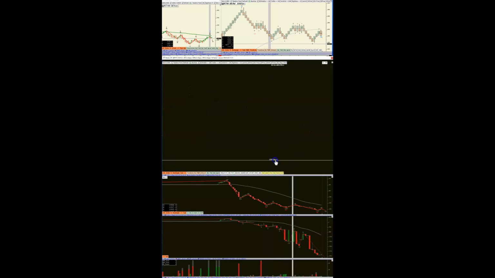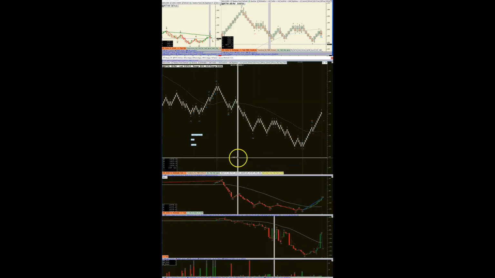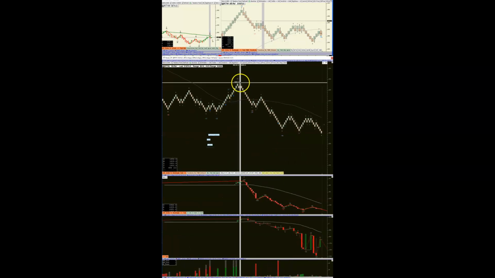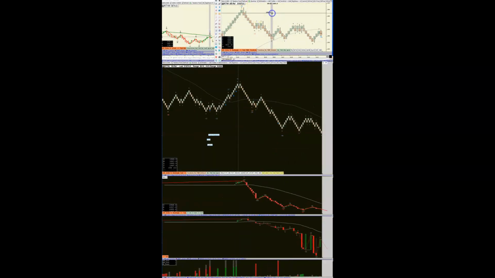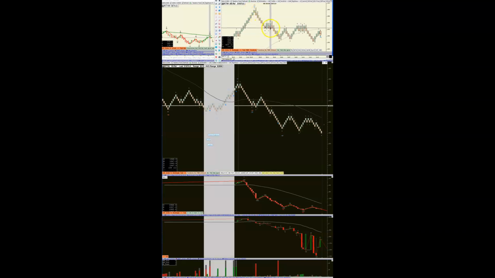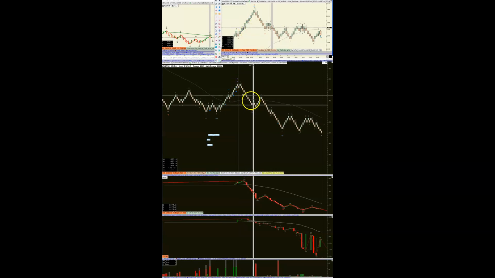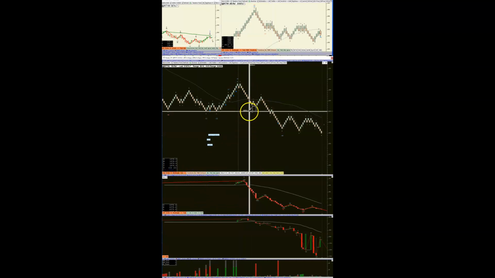All right, so anyway, let's start. We'll start off with here. So first thing we notice is the higher time frame. So I'm over here. The market pulled back, and over here, what is the first thing you notice?